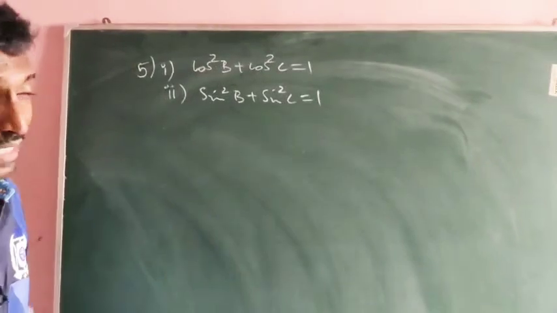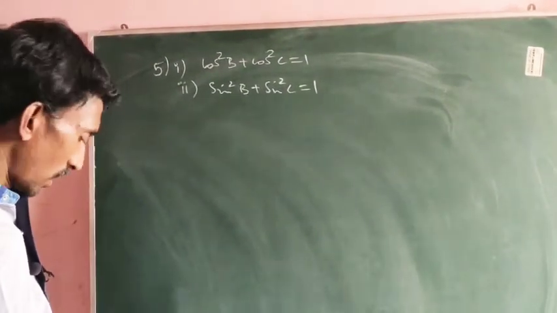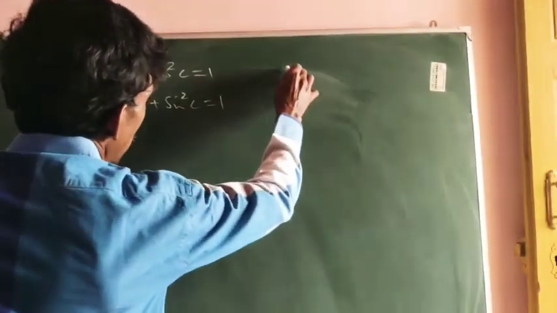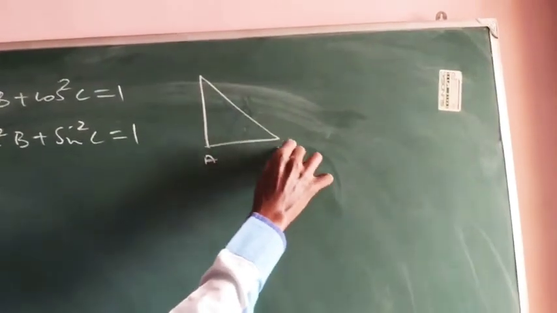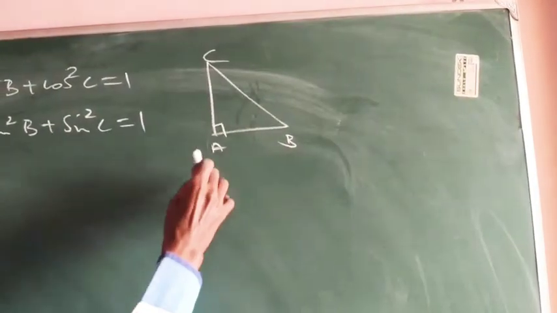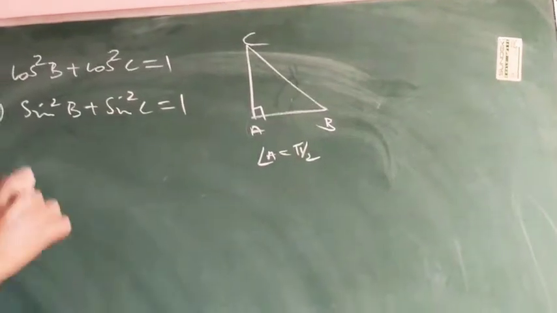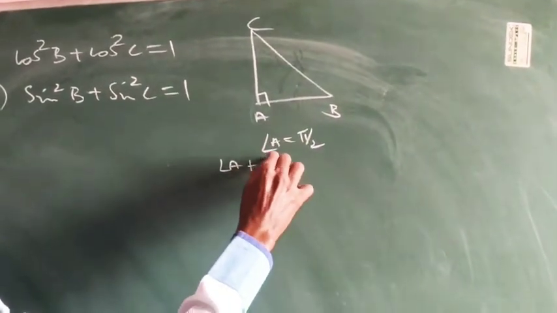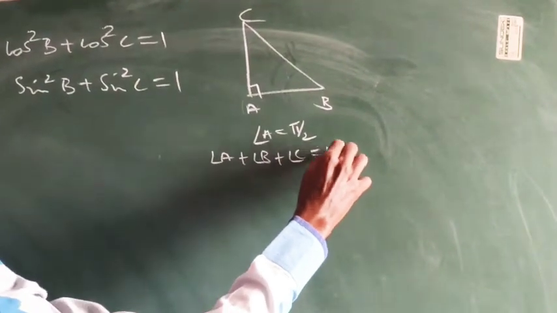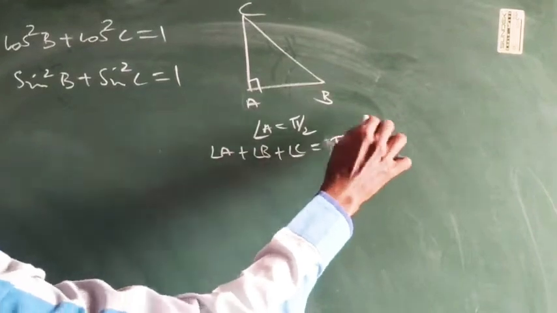If triangle ABC is a right angle triangle and A equals 90 degrees, look at that. Given that angle A equals 90 degrees, pi by 2, in triangle ABC, angle A plus angle B plus angle C equals 180 degrees, or we can put pi.